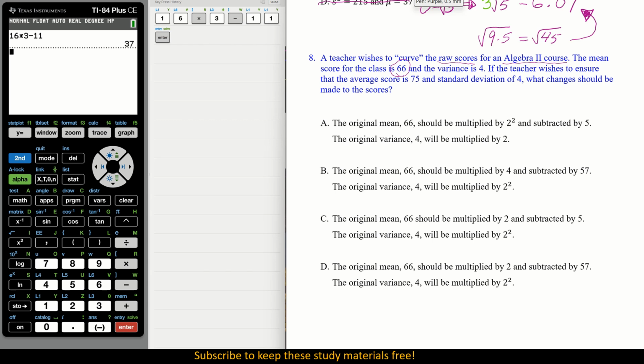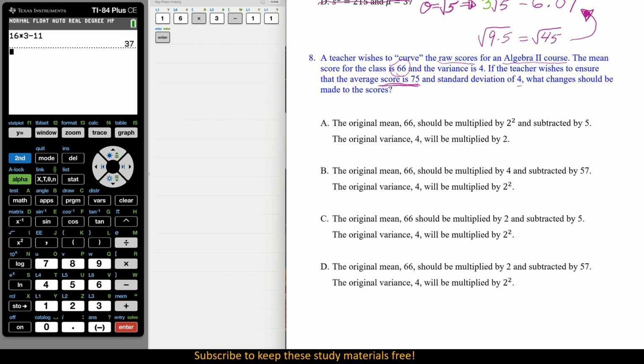If the teacher wishes to ensure that the average, this will be our new data, and the standard deviation are 4, what changes should be made to the score? This one's kind of tough to see. You kind of have to play with the numbers. But if you look at your answer choices, it gives you a hint, and you know that there are some things that you shouldn't do.